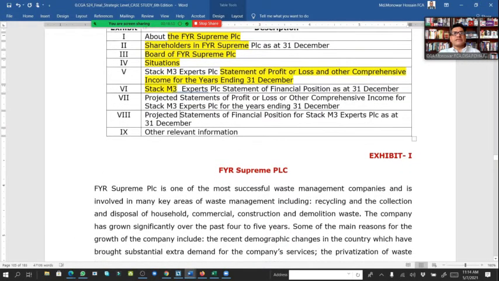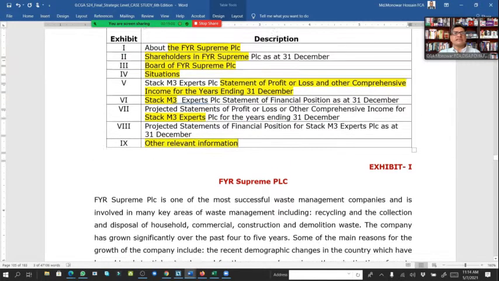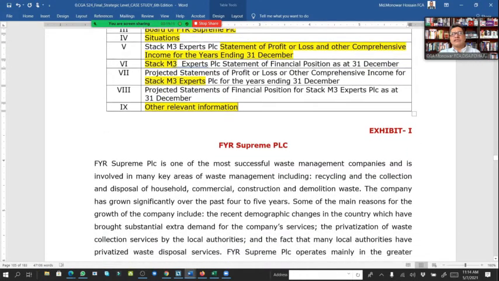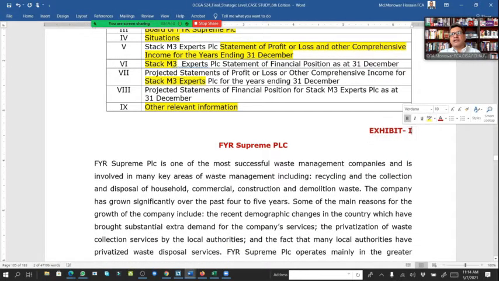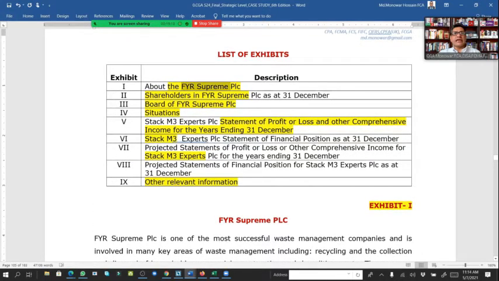So the projected statement of profit and loss for that company, projected for 2 or 3 years, and the projected statement of financial position and other relevant information are within these exhibits. Total here 9 exhibits.